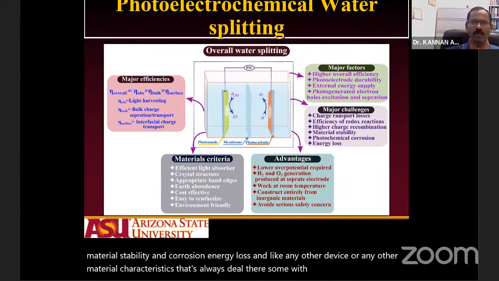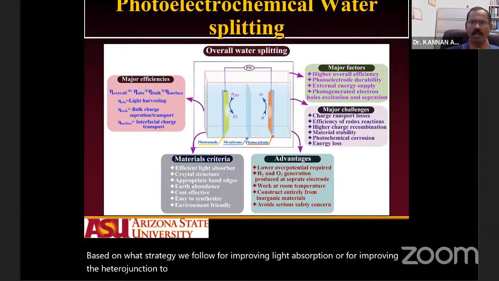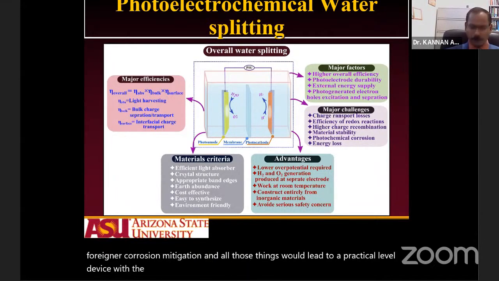But based on what strategy we follow for improving light absorption, or for improving the heterojunction to enhance interfacial charge transport, or what we exactly do for corrosion mitigation, that would lead to a practical device for commercial operations.